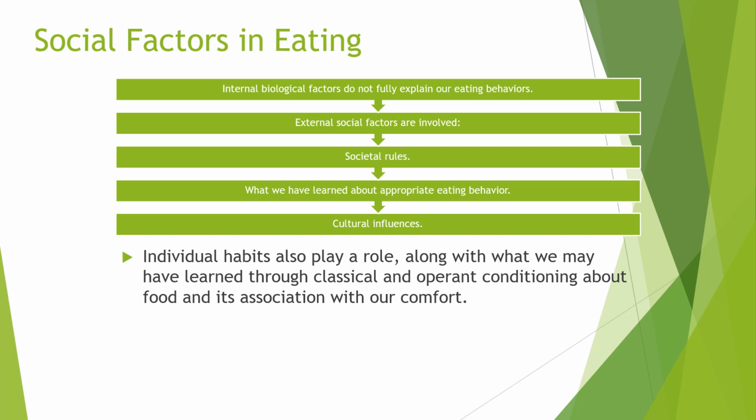So therefore it is comfort food. It's going to make you feel better whenever you're not feeling the greatest. So we have both biological factors and we have social factors that play a role in our response to hunger.